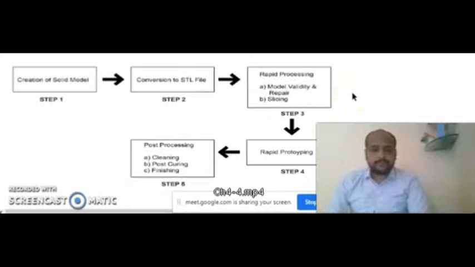Rapid prototyping. Actually, rapid prototyping nowadays is also considered in computer aided design, and also in computer aided manufacturing. In computer aided design, a scaled model of a physical part is generated rapidly.